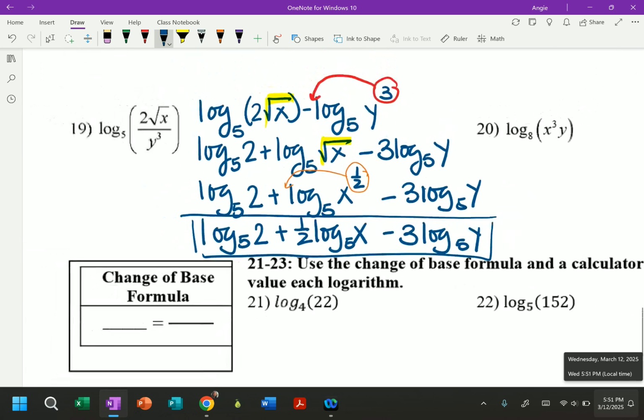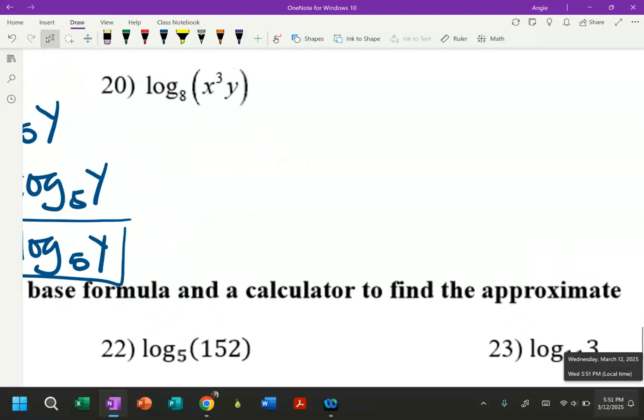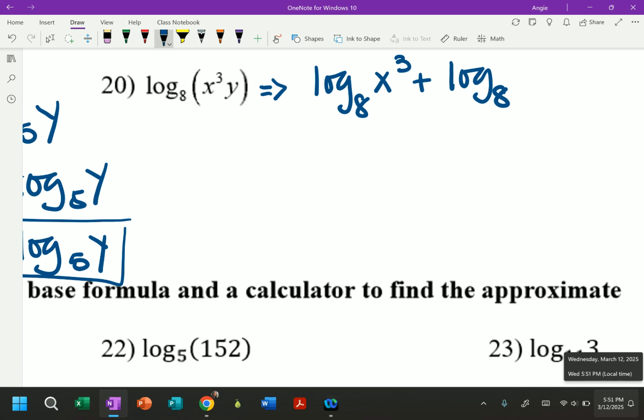Okay. All right, last question in this set. We have log base 8 of x to the third times y. So anytime we say times, students, that is immediately going to become an addition. So log base 8 of x to the third plus log base 8 of y.